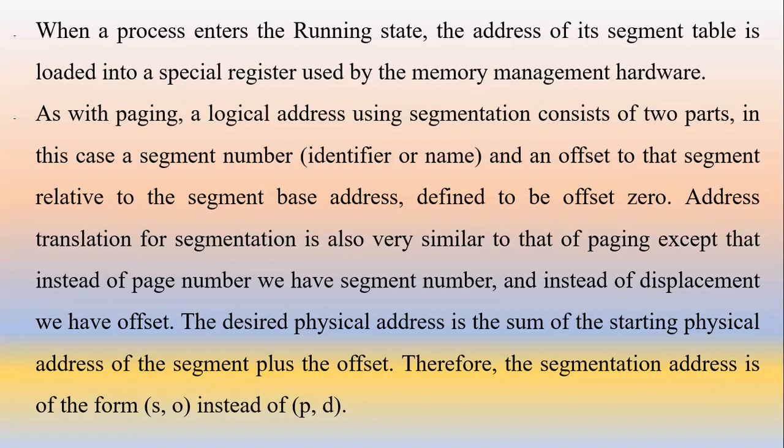And therefore, the segmentation address is of the form (S, O), instead of (P, D) for paging. So this means that S is the segment number while O is the offset.